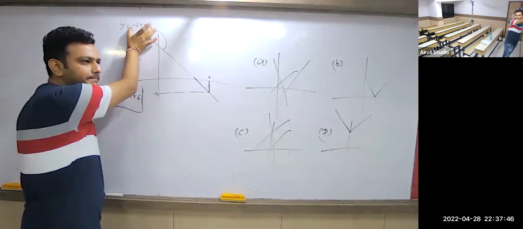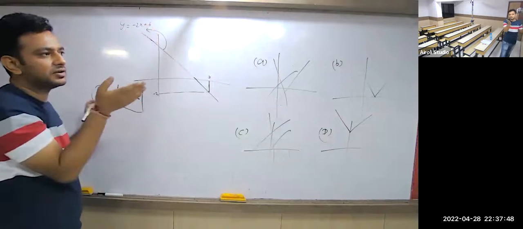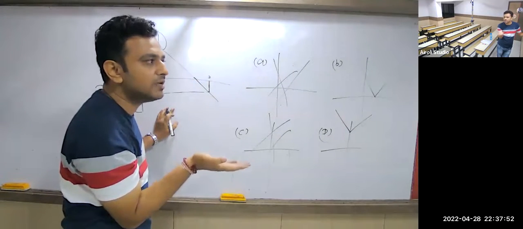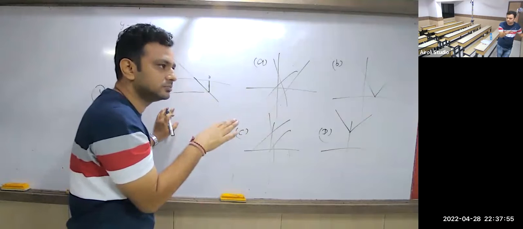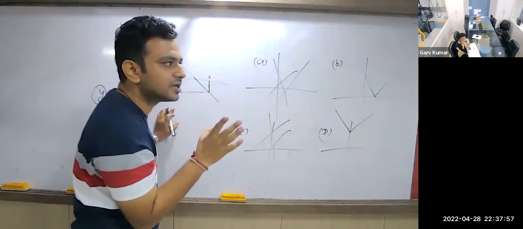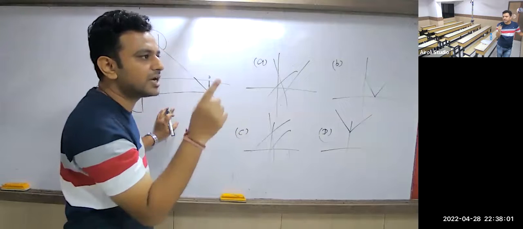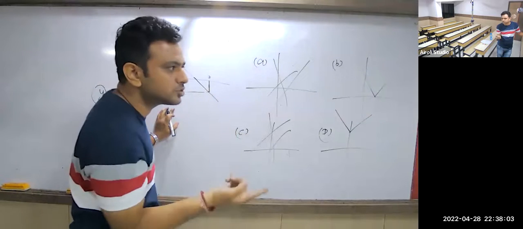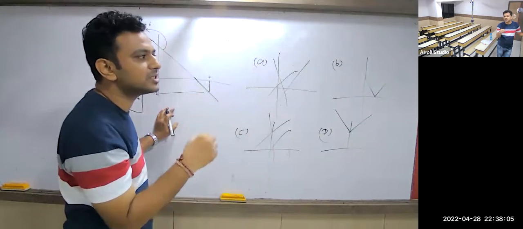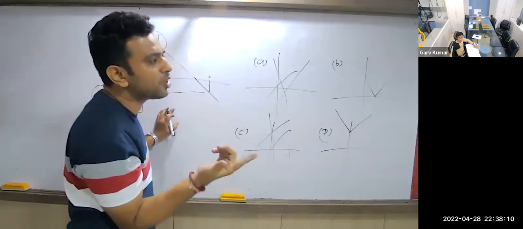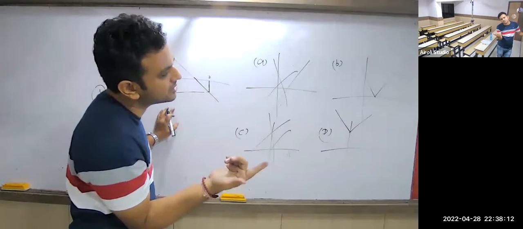So whatever negative y we are getting, now they will become positive. Only the sign gets changed, no other change in the value. If we are getting -2, now it will become +2. If I am getting -3, now it will become +3. What about positive values? They will stay as they are.